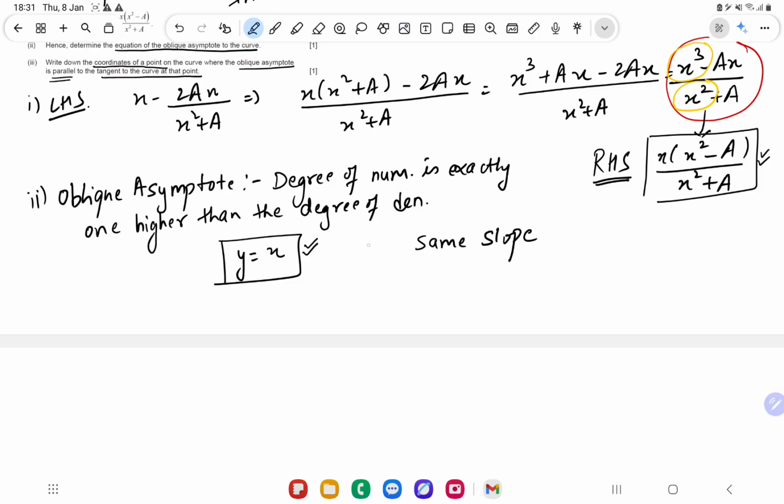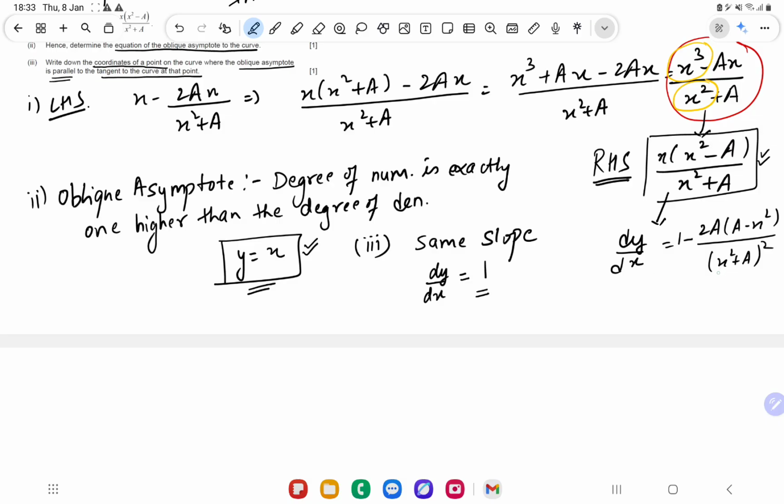So if you want to find the slope, your dy by dx for both should be equal. The slope of your oblique asymptote is 1, and when you find dy by dx of the curve, its slope will come out as 1 minus 2a bracket a minus x square whole divided by x square plus a whole square.